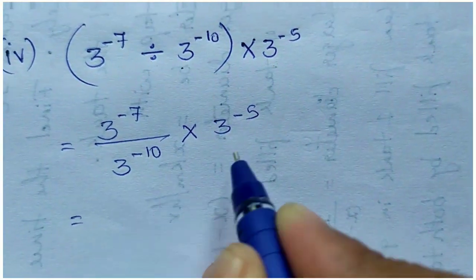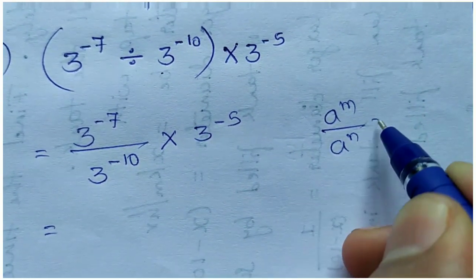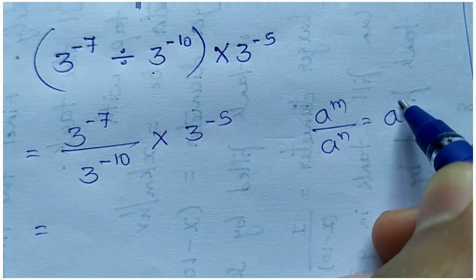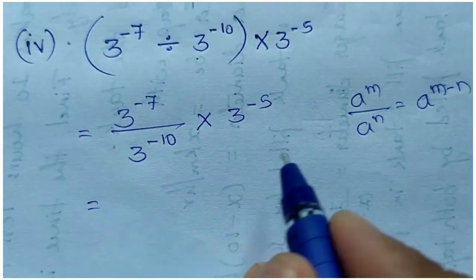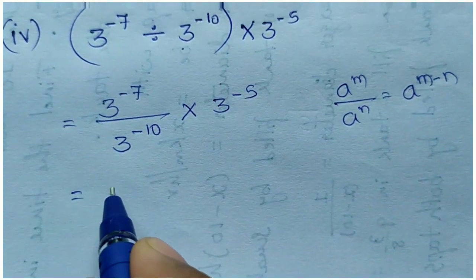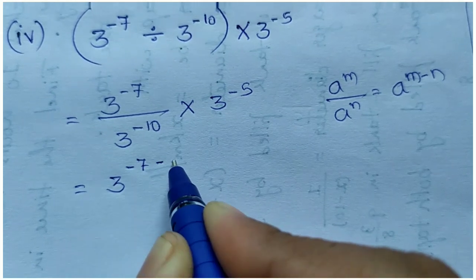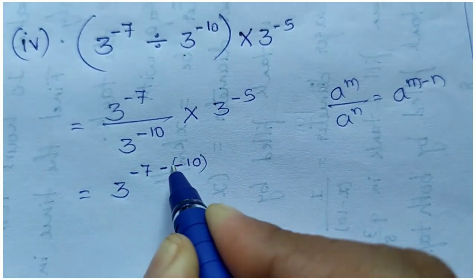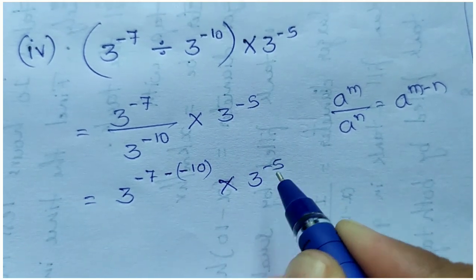Using a to the power m divided by a to the power n gives us a to the power m minus n, here we will get 3 to the power minus 7 minus of minus 10, into what is left here, 3 to the power minus 5.